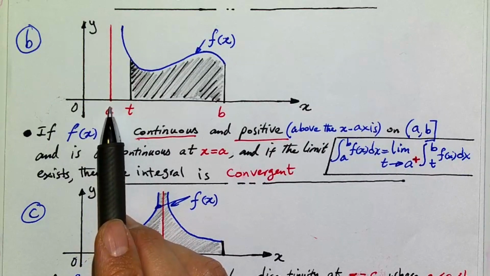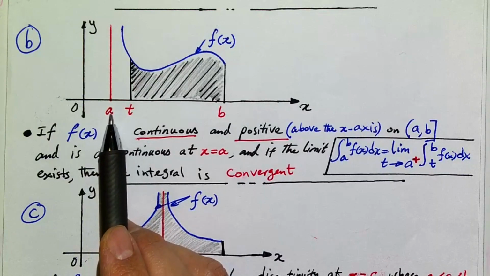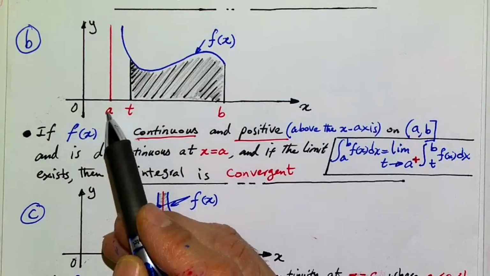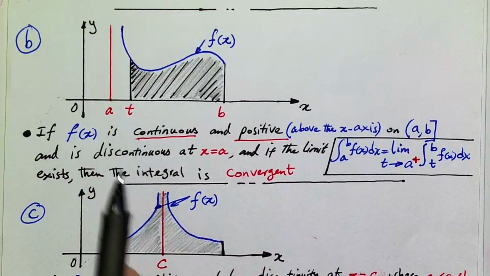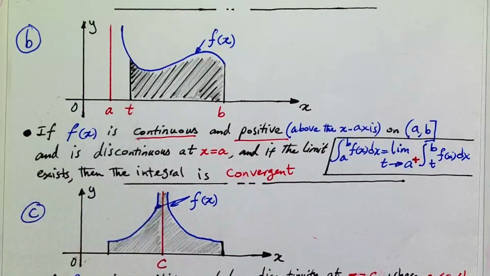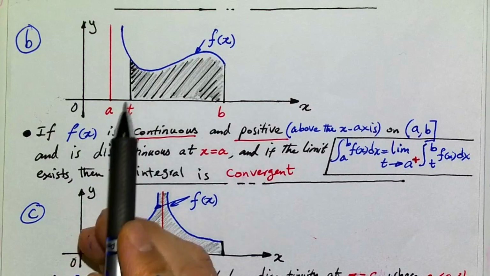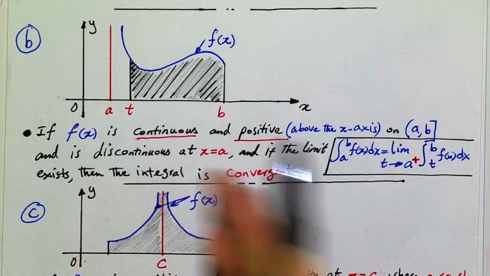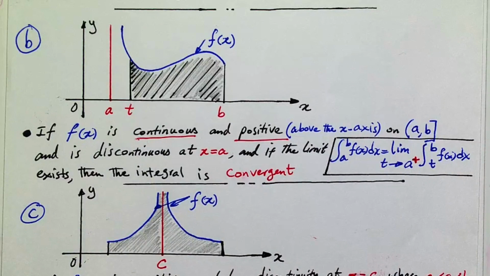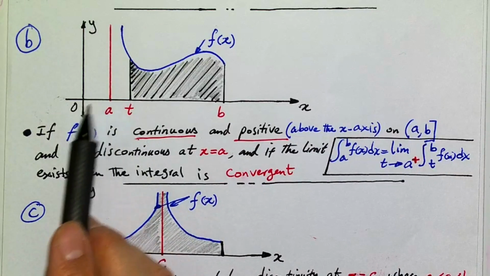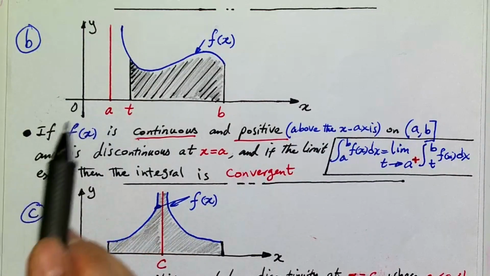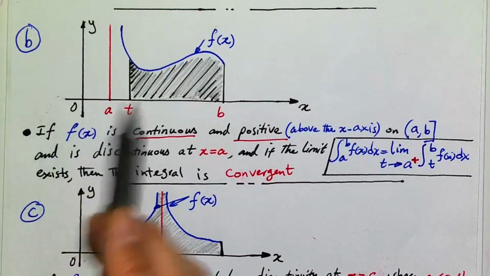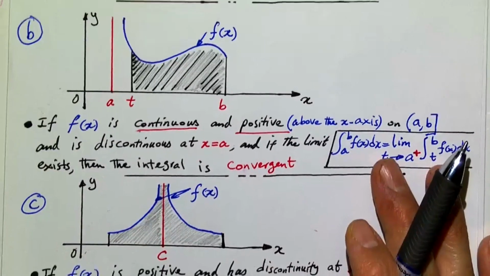So this time, we replace a with t as t approaches a from the left or from the right. What do you think? t can only approach a from the right. It cannot approach it from the left because that would be outside of the boundaries of integration, right?